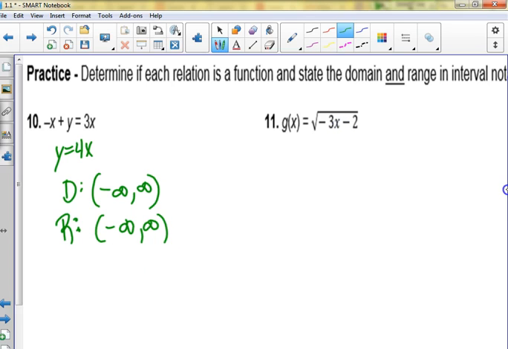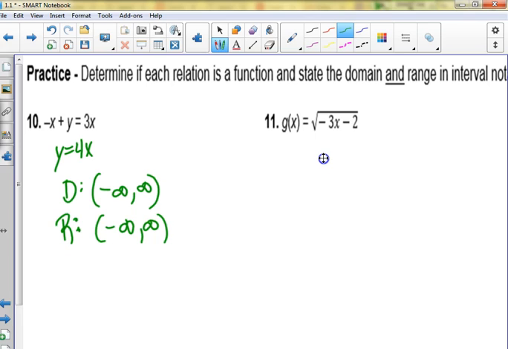Okay, what about 11? It is a function. How do you find the domain? Yes, you could graph it. That's not a good answer because it's not going to find an exact value.